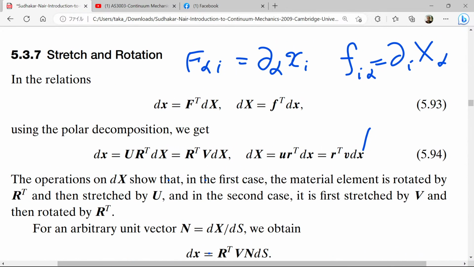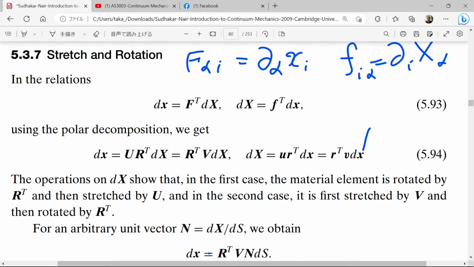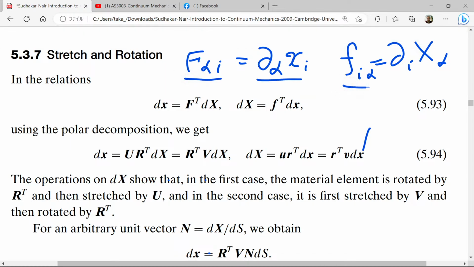So we have this F matrix, which is like this, and small f matrix like this, right? And this actually means this one in more detailed form.